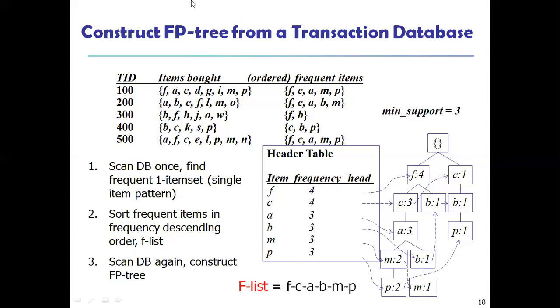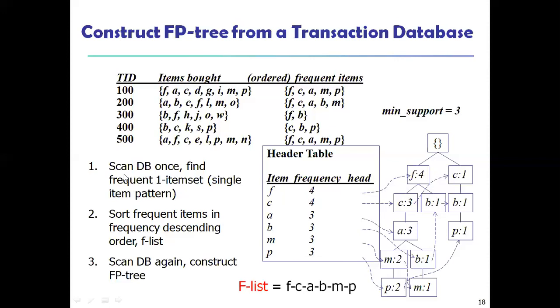With this criteria of minimum support count, the only variables which match are F, C, A, B, M and P. So that's what we have seen. Now our FP list will be F, C, A, B, M and P. This is the list that has been given.